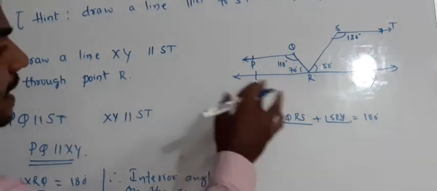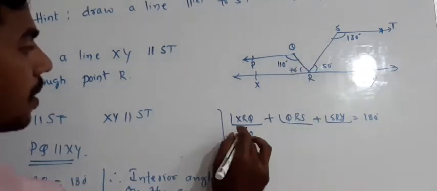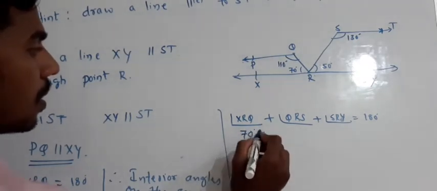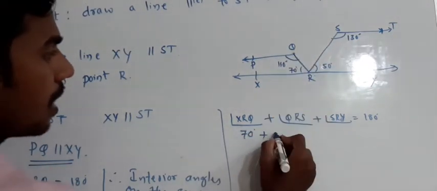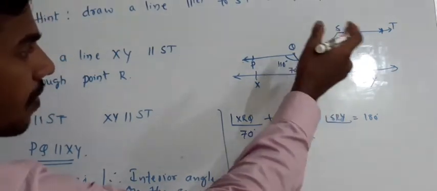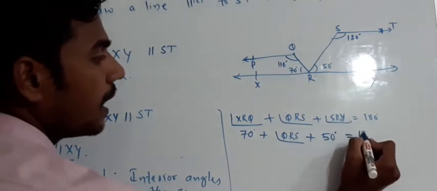Now, what is XRQ? XRQ is 70 degrees, plus what is QRS? We need to calculate it. Plus what is SRY? 50 degrees, is equal to 180 degrees.